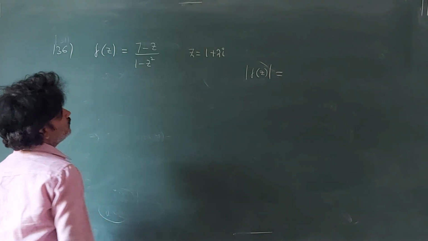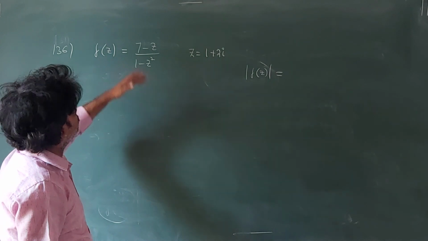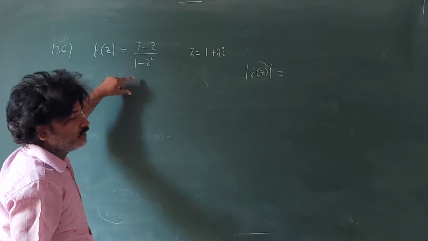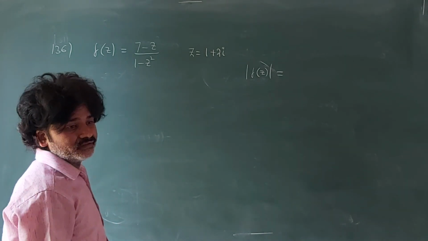Z value, how much they give? 1 plus 2i. So substitute z value 1 plus 2i in the given complex number. Then we will get the f of z complex number. For it what we need? A modulus, that's it. Simply simplification only.